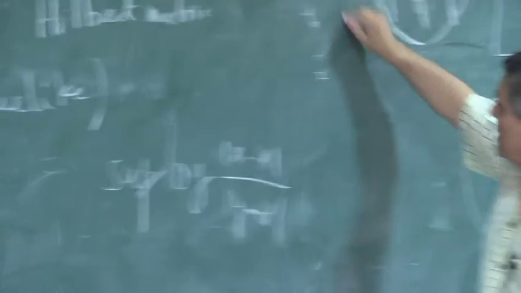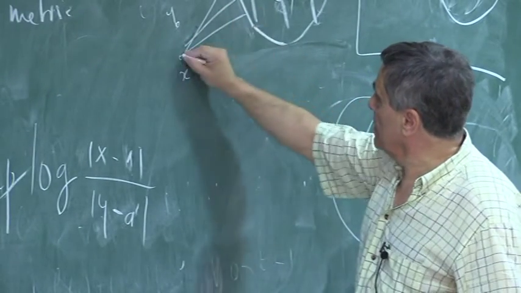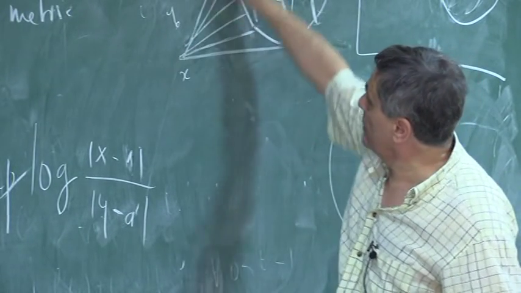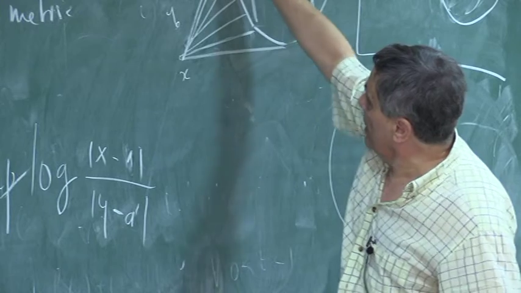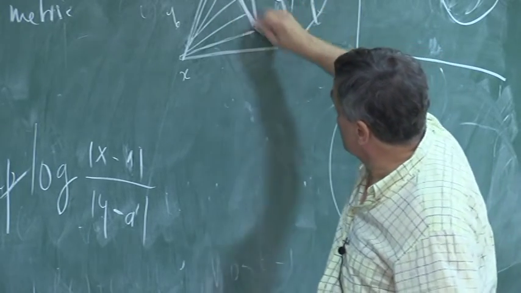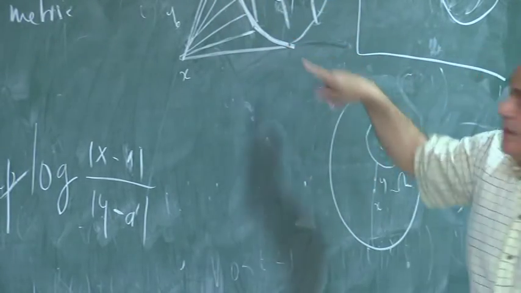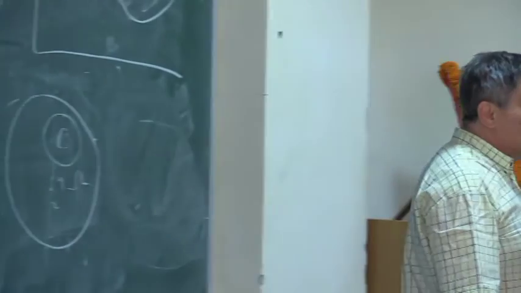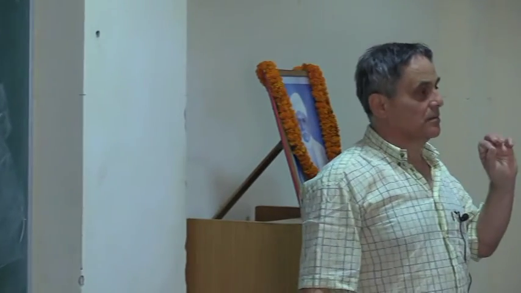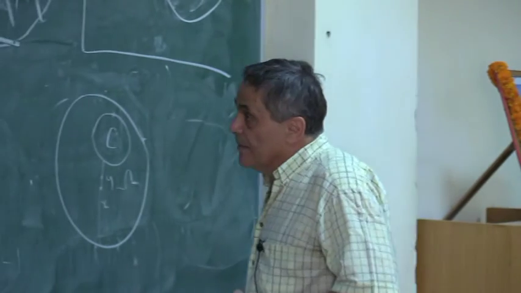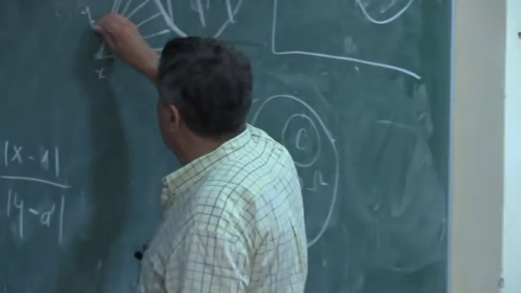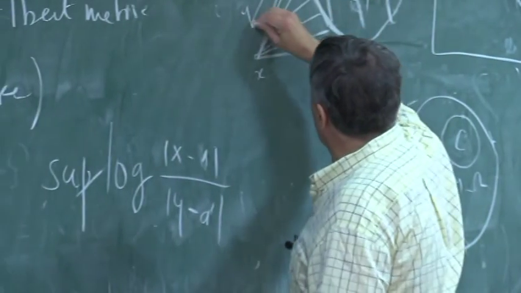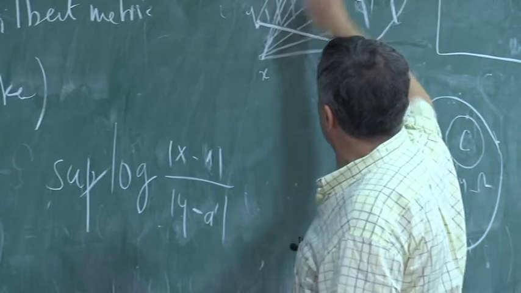So here I want to take all the a's here. A is in this part, which is the visible part of the convex set, the visible part as seen from x. Okay? And for y, there's a visible part which is seen from y, which is here.